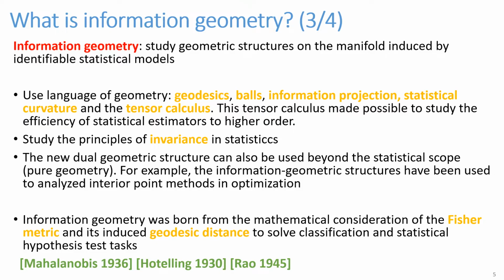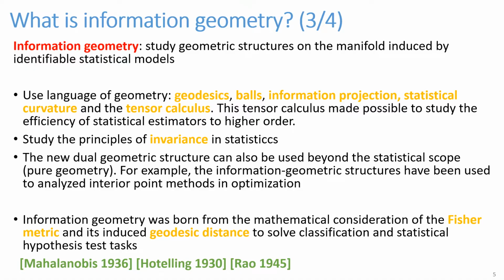Let us give a more refined definition of information geometry as a field which studies geometric structures on manifolds induced by statistical models and uses these structures to solve various problems in information science. These statistical models can be parametric in classic information geometry, or non-parametric, which is still an active research area.